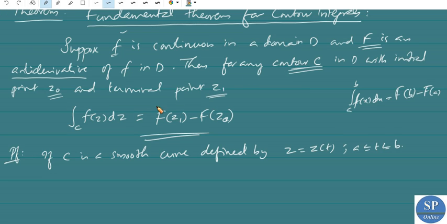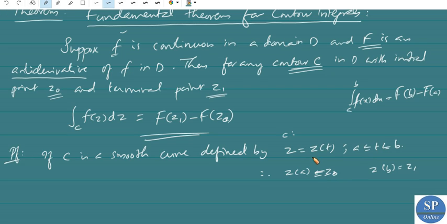C has the terminal point z1 and initial point z0. So we have C is defined by this curve z equal to z of t for t varies from a to b. Therefore, at t equal to a, we have z of a is nothing but z naught. Z naught is actually z of a, and z of b is equal to z1, right?